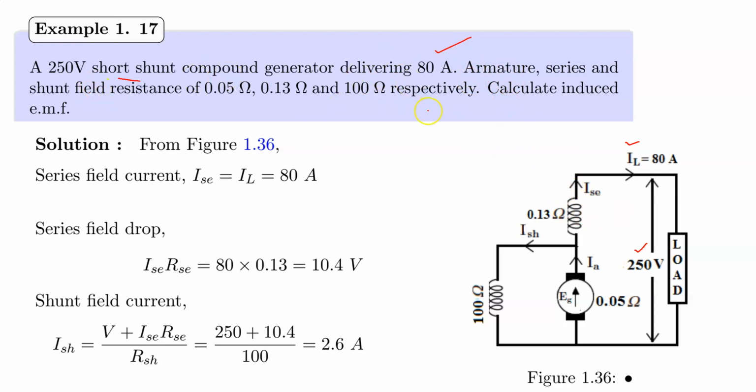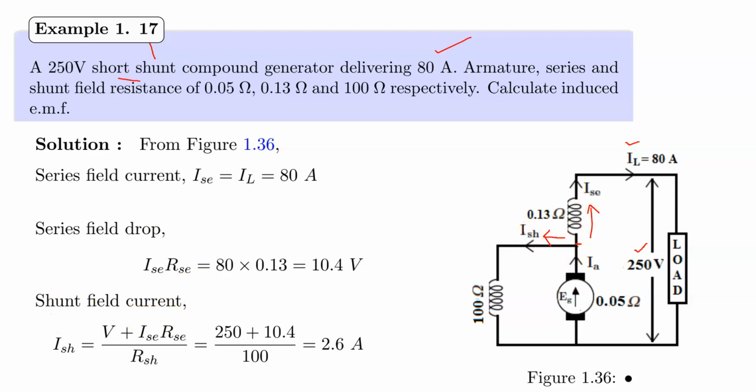And we know that this is a short shunt generator. For a short shunt generator, this is the armature current. It moves towards this junction. In this junction, it splits into two. Some amount of current will move towards here, and some amount of current will move towards here. So this current is the series field current ISC, and this is the shunt current. So IA is equal to ISH plus ISC.